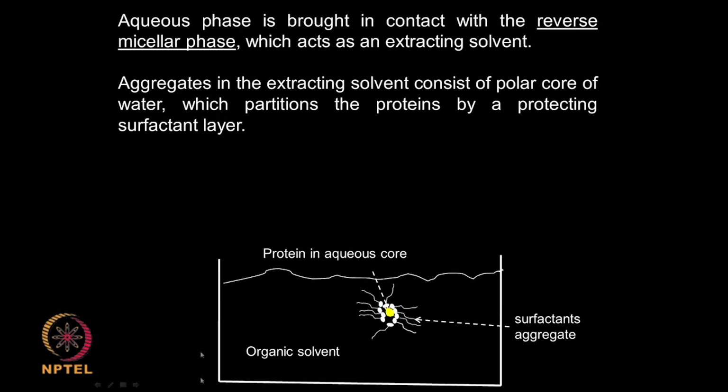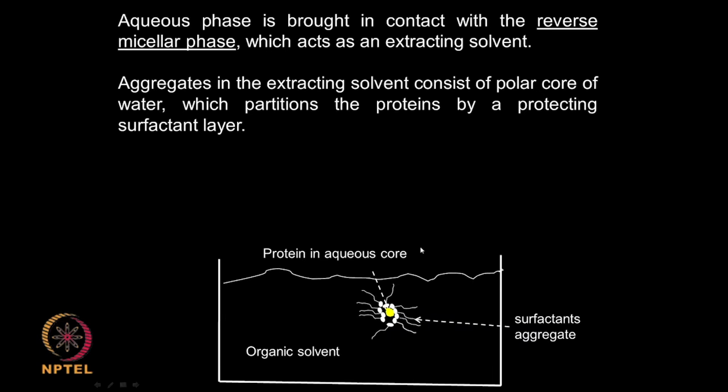So, we have the organic solvent, and all the surfactants aggregate with the polar groups pointing inwards. Inside you have a polar cavity. The protein and water will be captured inside, and this is what is called a reverse micellar phase, which can act as an extracting solvent. It will have a polar core.